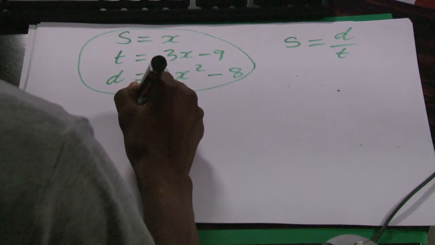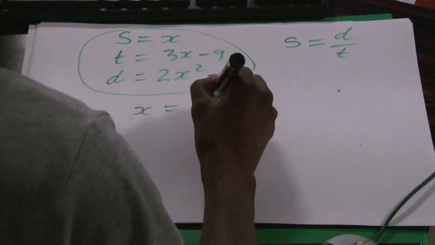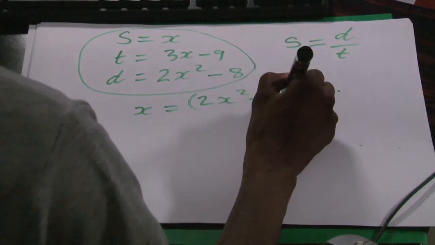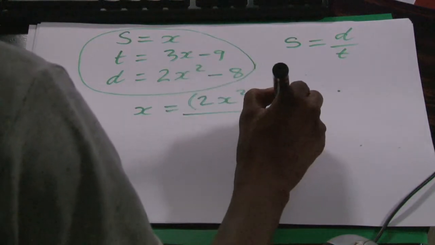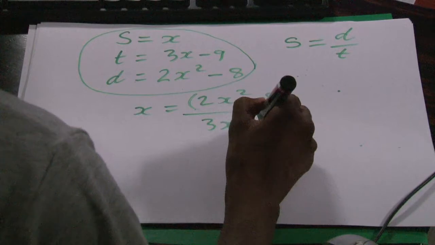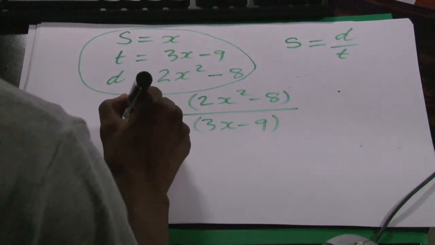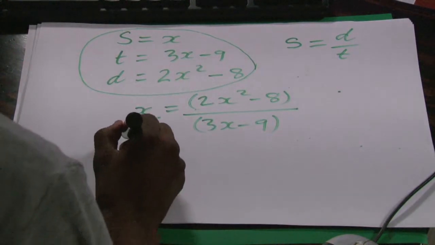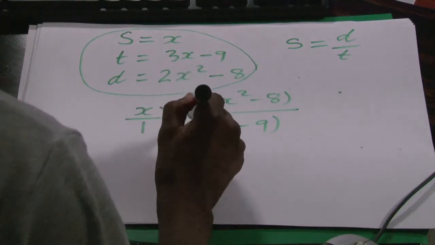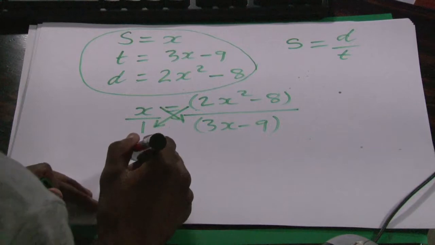So we know that s is equal to x and d is equal to 2x squared minus 8. So it's best if you can put these ones in brackets over the time is 3x minus 9. So we have that. Now from there, this is over 1, cross multiply so that you obtain, this means that you're going to multiply x with everything in these brackets, and you're going to multiply this with a 1.